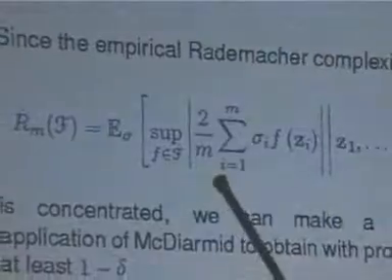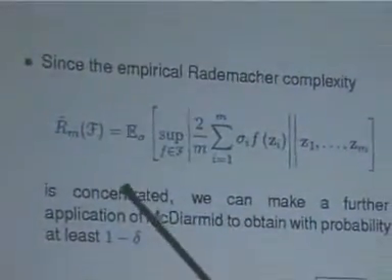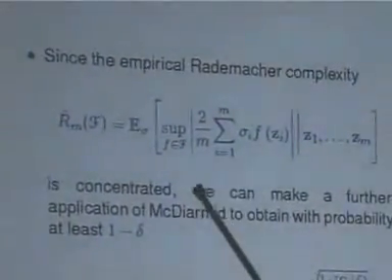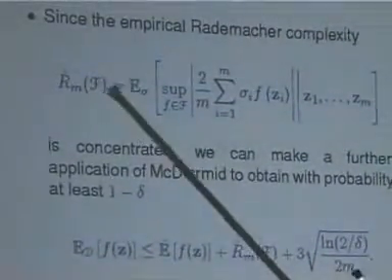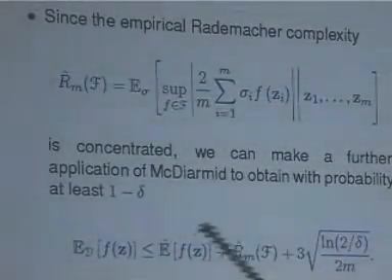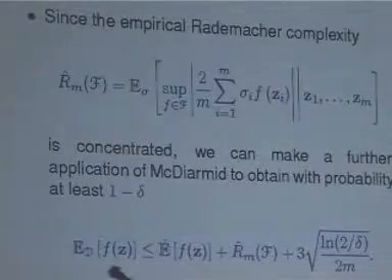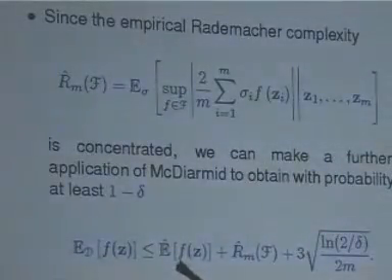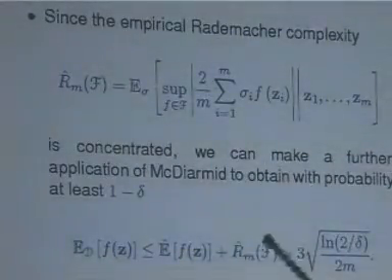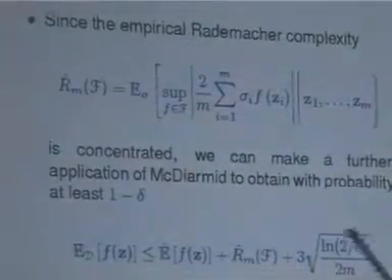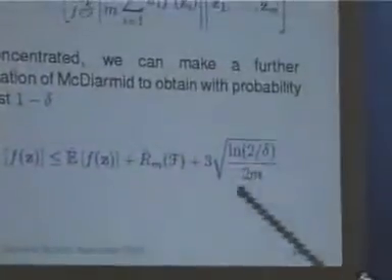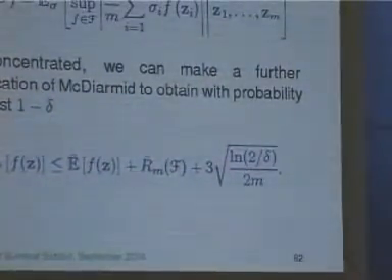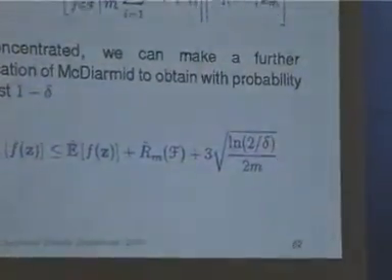Its expected value is the Rademacher complexity, so you can bound the empirical Rademacher complexity by a very small deviation from the true Rademacher complexity. And so you can get a result of this type: with probability 1 minus delta, the true error is less than the empirical error plus the empirical Rademacher complexity estimated on the sample, plus a little bit more, because you've got two applications of McDiarmid, so you get a 3 times the square root of log(2/delta) over 2m. So now you're actually able to estimate the Rademacher complexity on the sample.